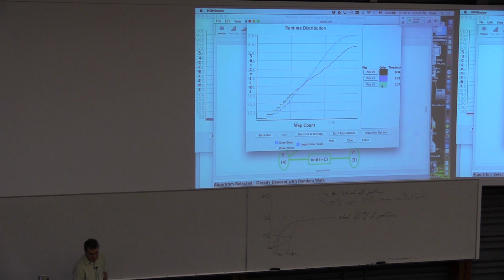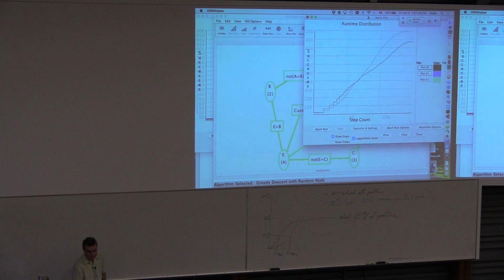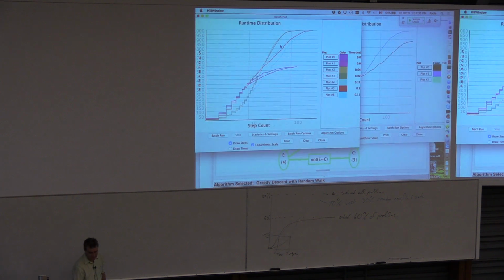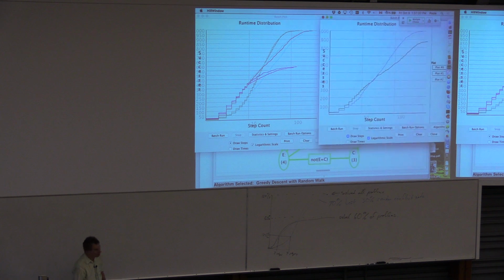So this is qualitatively similar to these ones. They all look a bit like this. The greedy ones, the ones that always pick the best one, tend to stop after a while. The one on the right is an easier problem, it has more solutions than the one on the left. The one on the left only has one solution, the one on the right actually has two solutions.